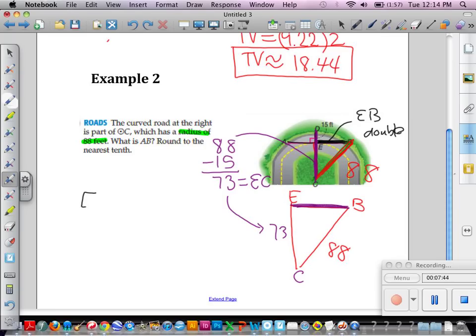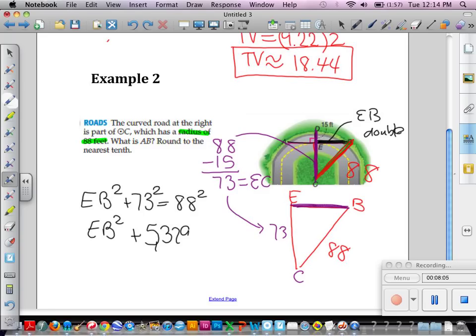I've got EB squared plus 73 squared equals 88 squared. Make sure you're showing all of your steps here, people. So I've got EB squared. I need to square my 73, 5,329. I'm going to square my 88, 7,744.